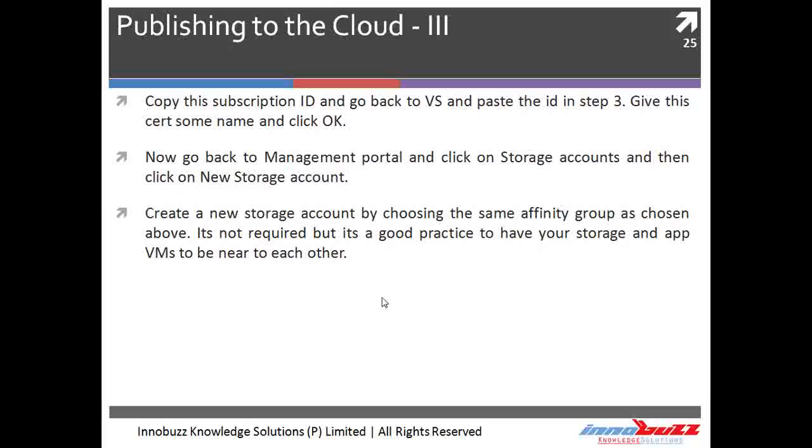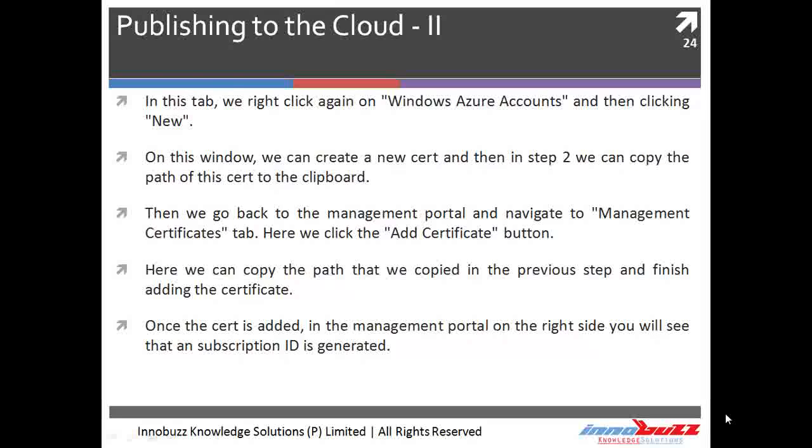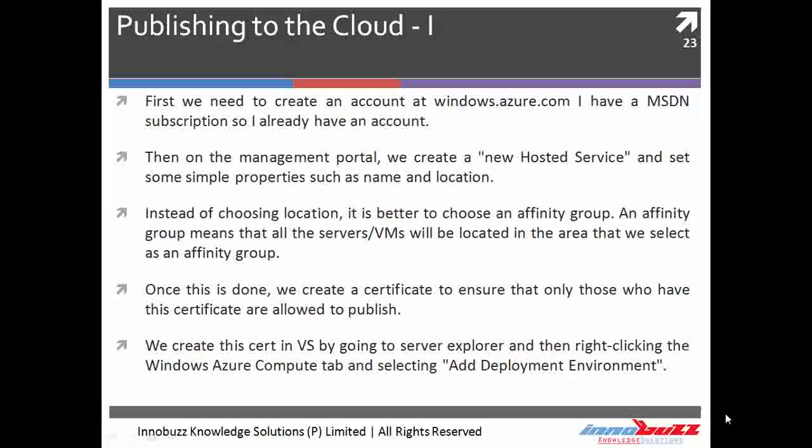This is not required, but it's a good practice to have your storage and app virtual machines near each other. At first, it seems a lot of work, but it is not. It's just one-time setup. So, to summarize again: you need to have a subscription.